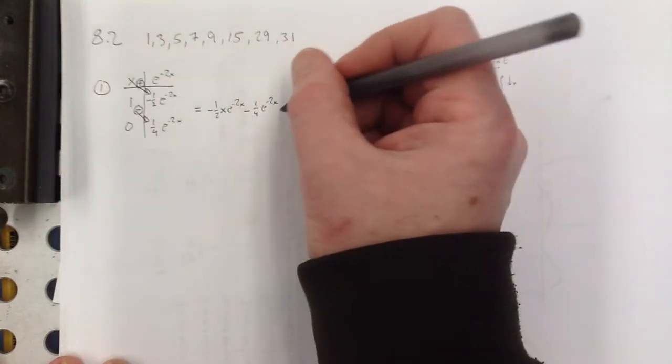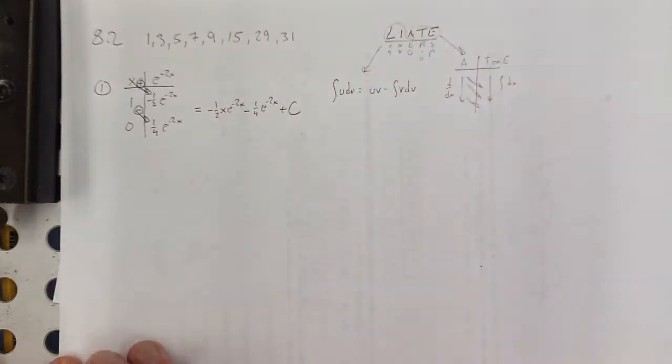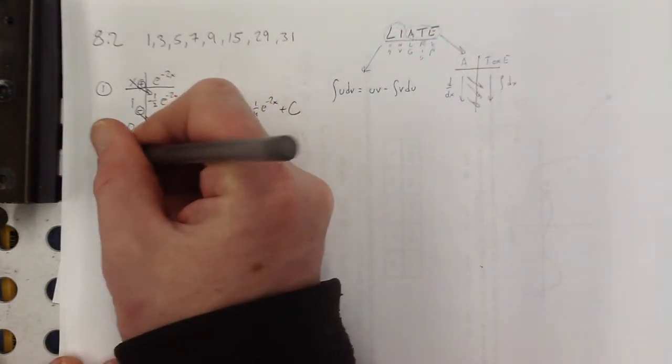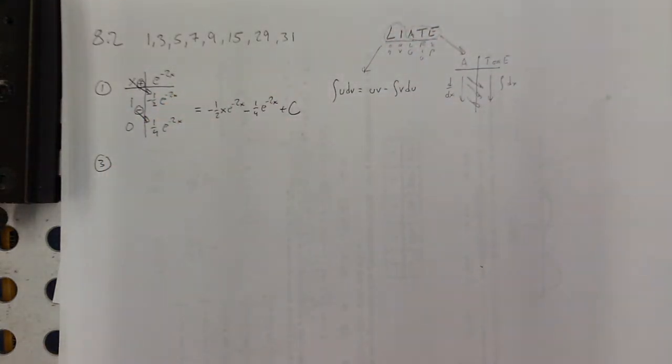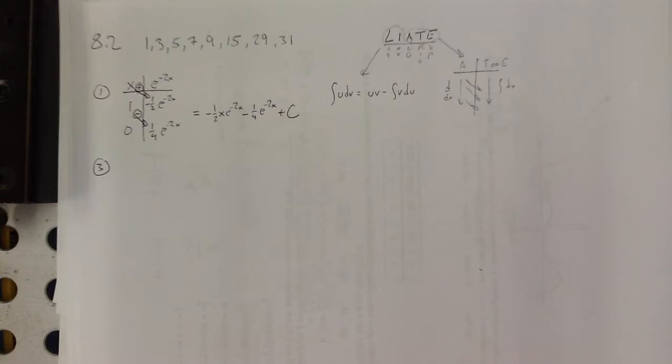And these are just general antiderivatives, so I should be tacking on a plus c. And that's it. It looks kind of crazy, but to calculus students with all of the experience that you have, it's really not actually very hard to do that. Just have to be careful, right? There's details that need to be managed properly.